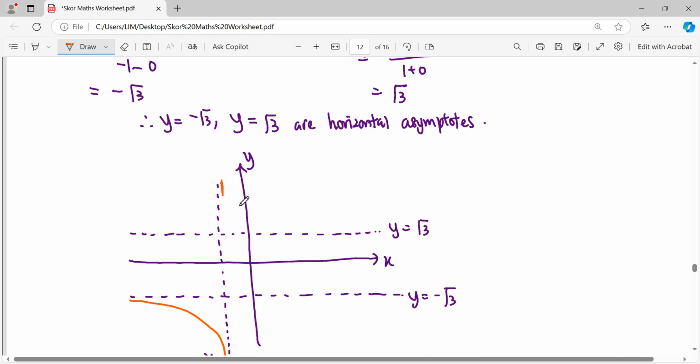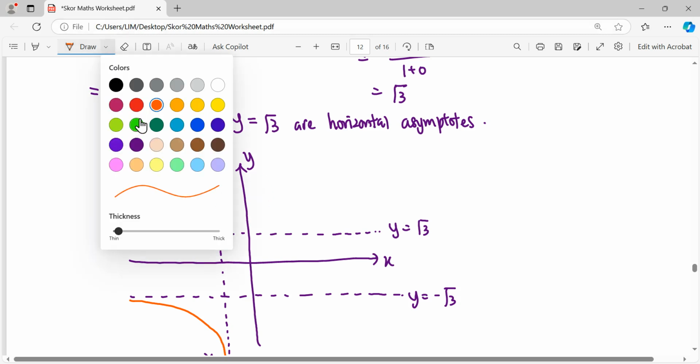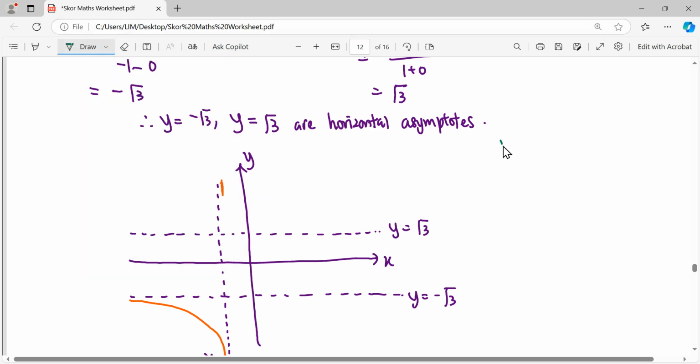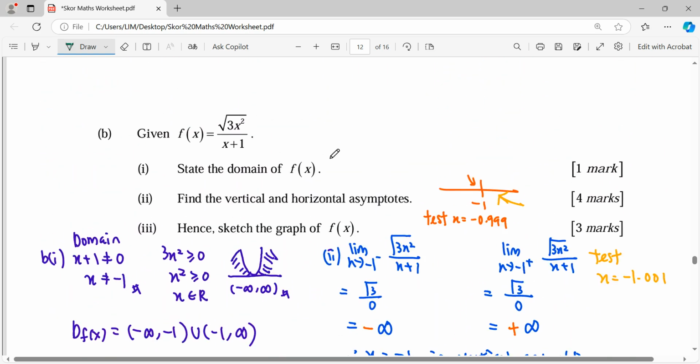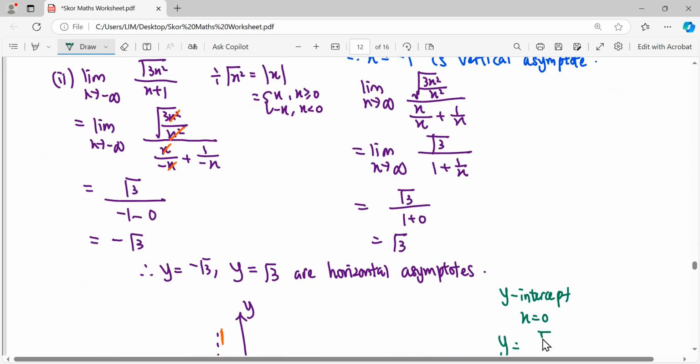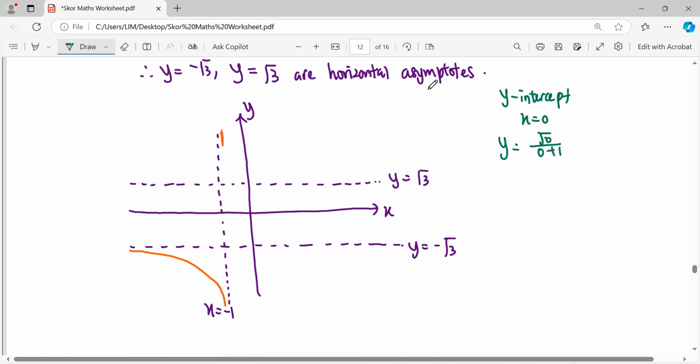You can notice that it might intersect the x-axis, y-axis. So therefore, I want to find what your y-intercept is. The y-intercept is when x equals 0. Therefore, it is 0 over 0 plus 1. So it will be 0. So here will be the intersection point.